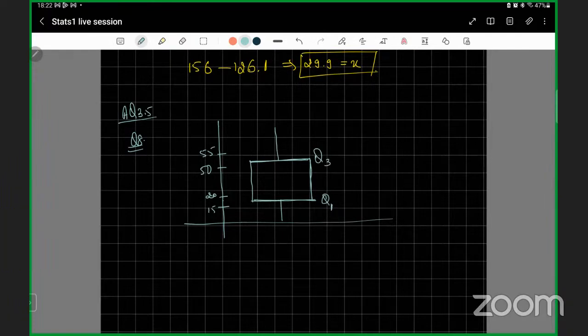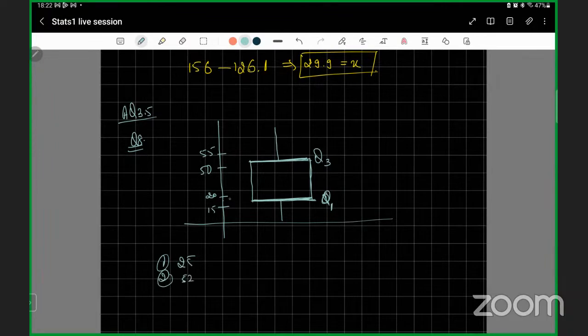Yes, ma'am. If you have looked at the tutorial, you would see that this lower part will be your Q1, and the top part will be your Q3. So what should be the first quartile value from the options given below? The answer will be 19.